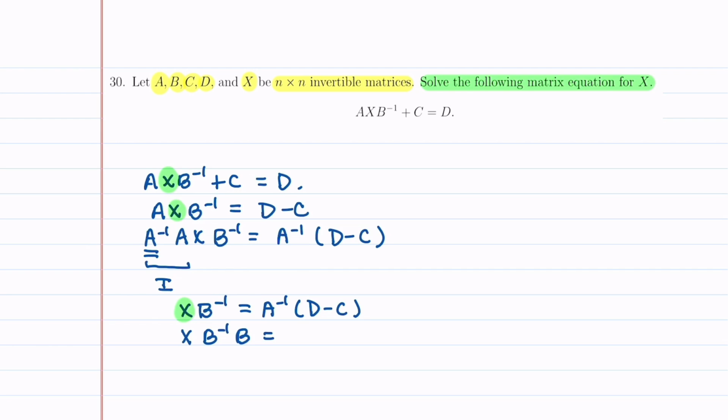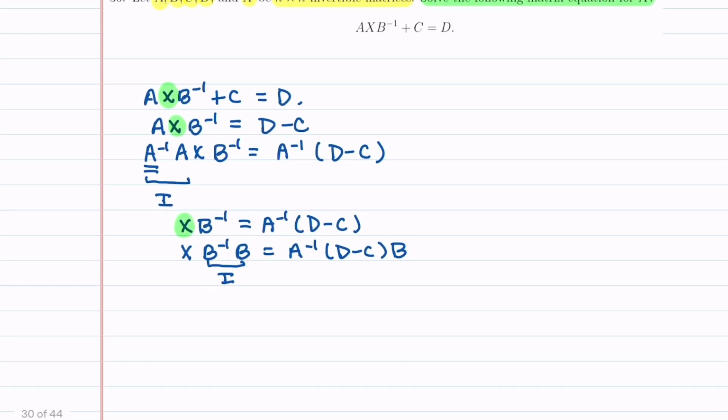On the right-hand side of our equation, we also have to multiply by B. This is our identity. So we have a final answer, and we can say that X is equal to A inverse times D minus C times matrix B.